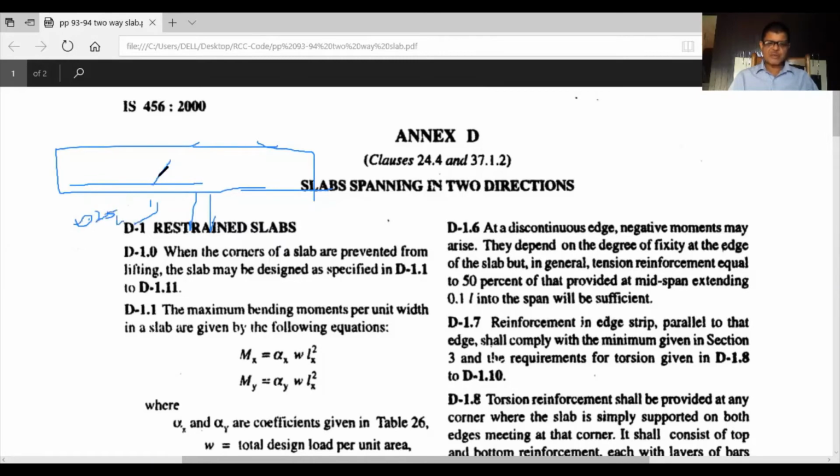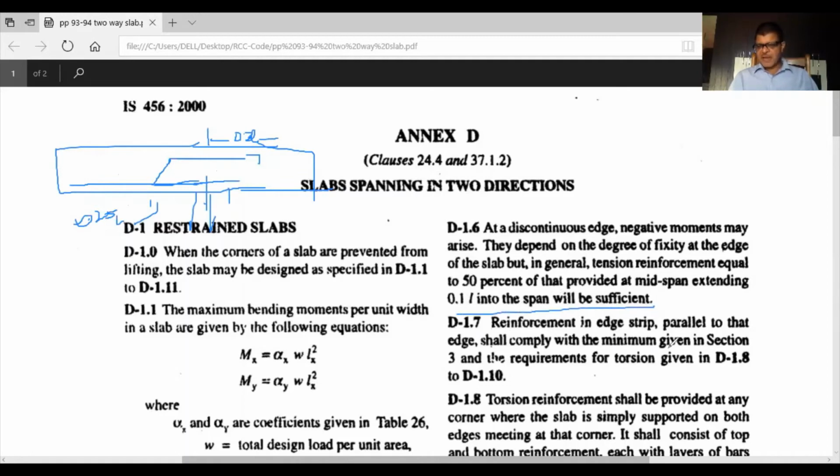After being bent up, they will be on the upper part and can be extended up to 0.3 L on this side, okay. Now these bars will not stop here, they will be extended up to 0.1 L on this side. So this distance will again be 0.1 L. The bars will not stop on this span, they will be extended on this side. That's the meaning of 0.1 L into the span will be sufficient.